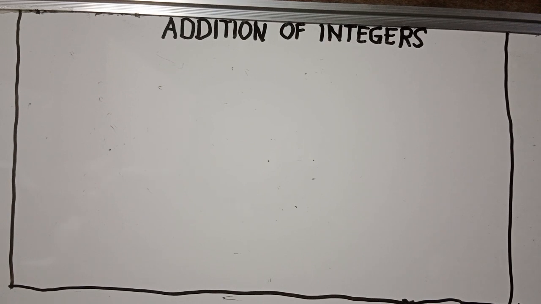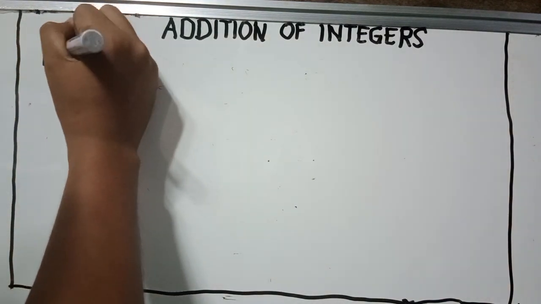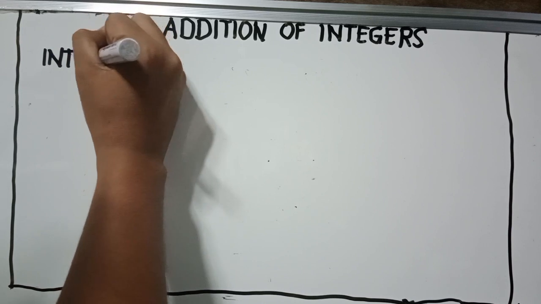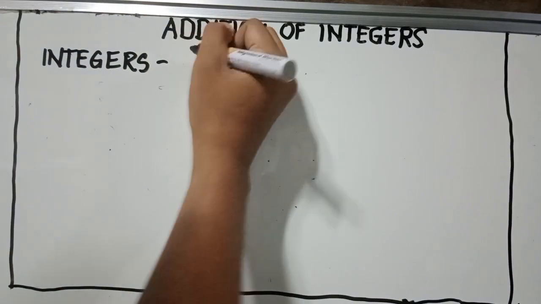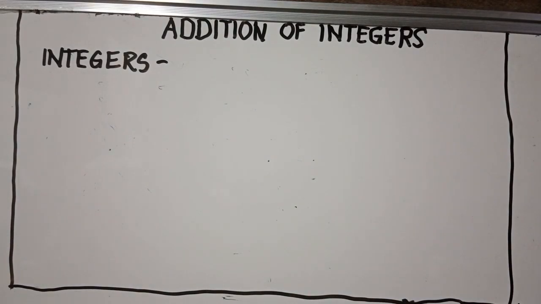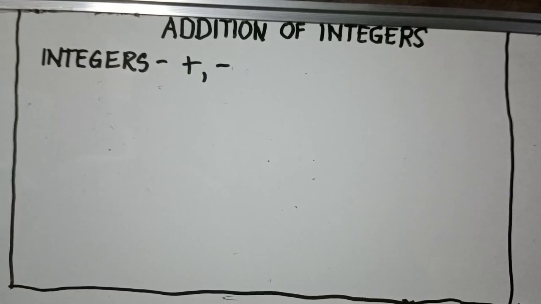In this video, we are going to talk about addition of integers. First and foremost, let us define integers. Integers are signed whole numbers, meaning they can be either positive or negative.